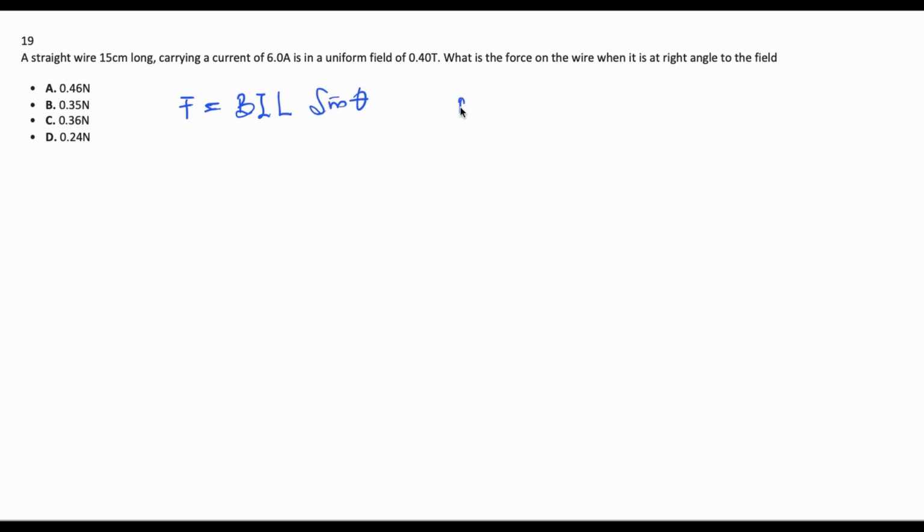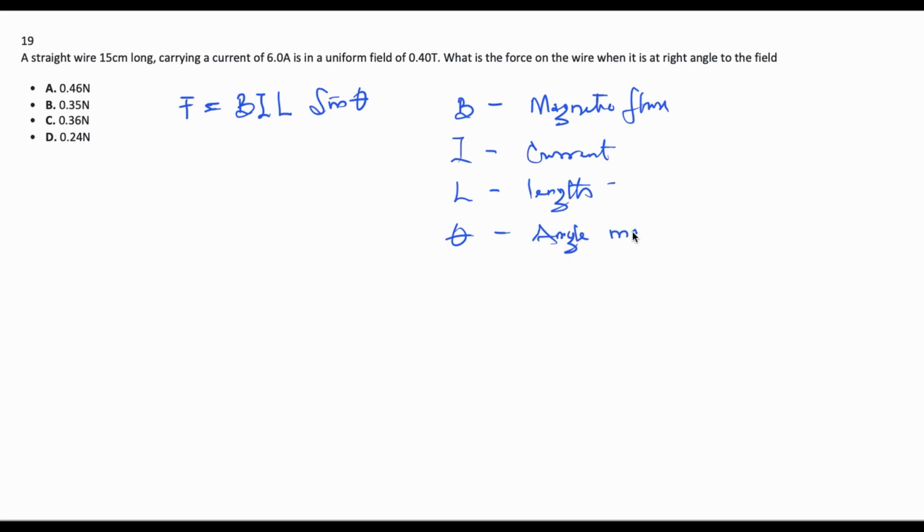Now B is the magnetic flux density. The I is the current flowing through the conductor. L is the length of the conductor. And theta is the angle of the magnetic field.